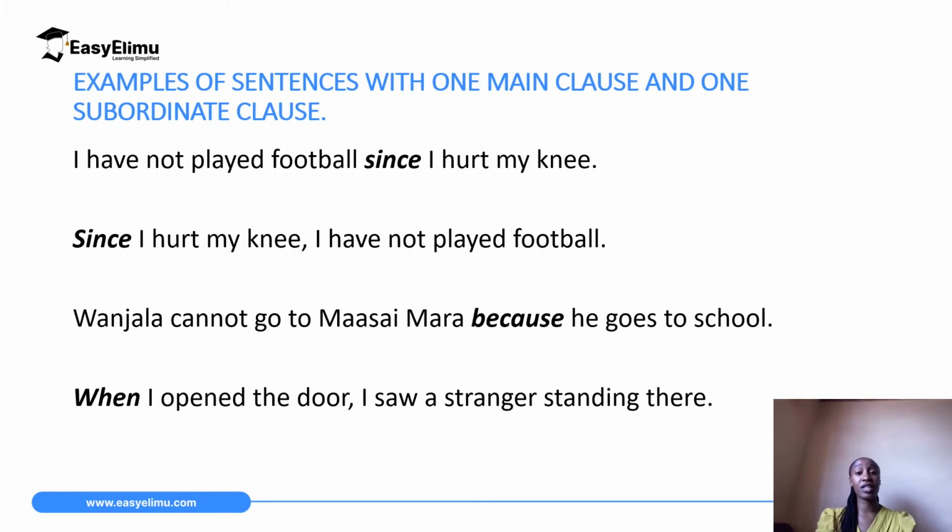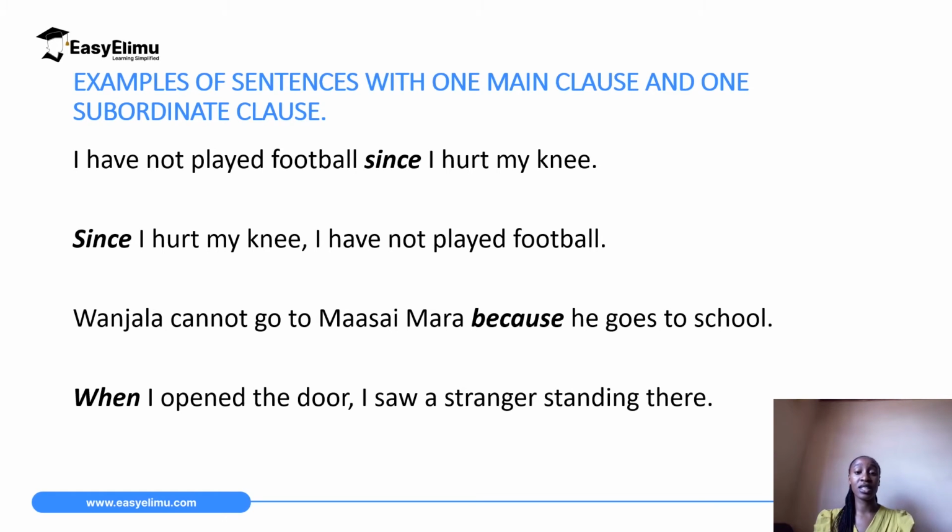So from the definition, we said that complex sentences are sentences that are made up of a main clause and one or more subordinate clauses. So we are going to look at examples of complex sentences that are made up of the main clause and only one subordinate clause. I have not played football since I hurt my knee. So you start by identifying the subordinating conjunction first.